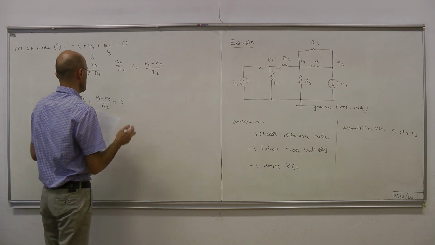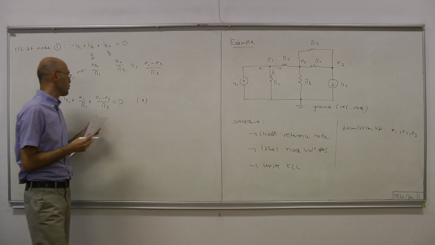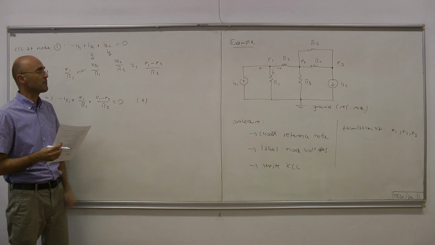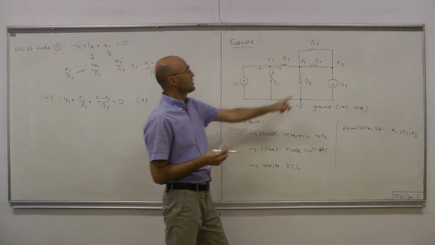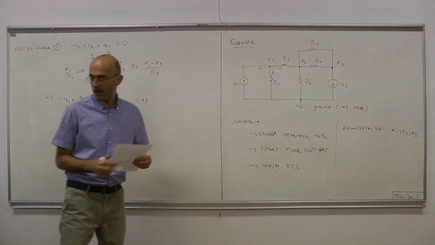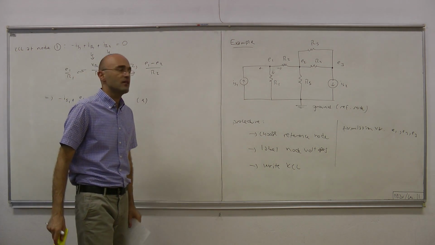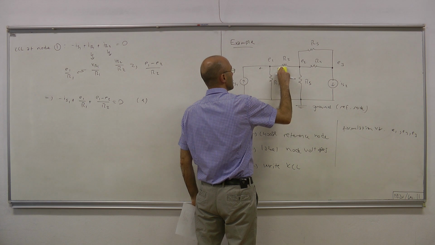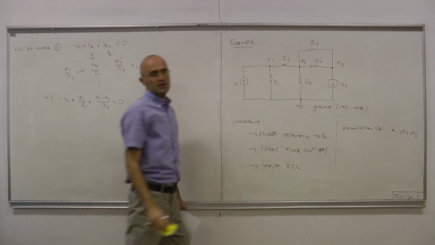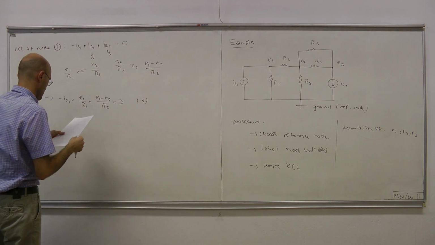So let's give this equation a number. We will obtain similar equations by writing KCL at the remaining nodes, and then we have the set of equations that we need. So let's move on to the second node.